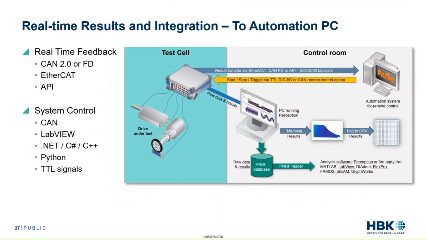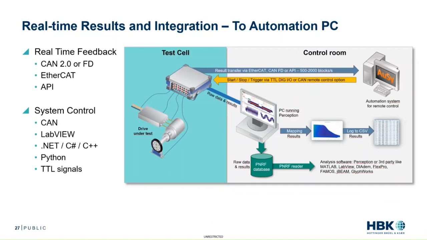So the real-time feedback and communication with a control system makes the test automation possible, especially when you're developing efficiency maps to record and calculate numerous torque and speed test points, which is the type of testing that's done day in and day out quite often to improve the efficiency of the motor and of the inverter communicating with the motor.